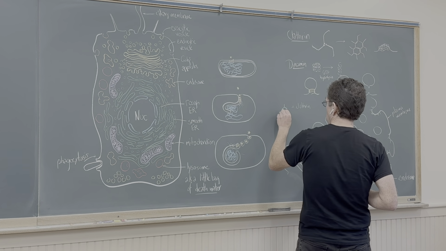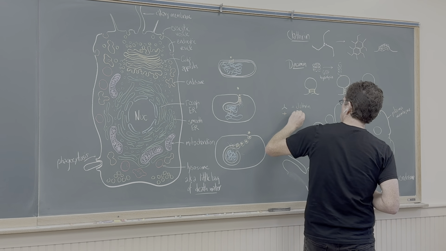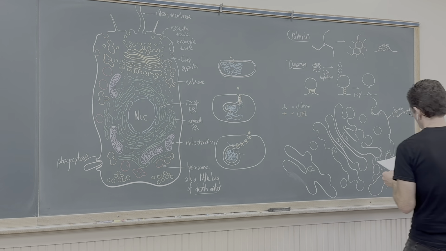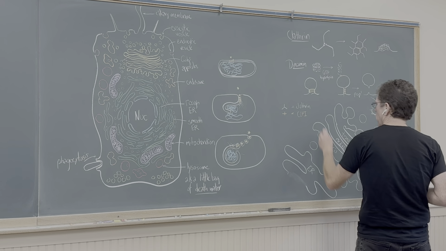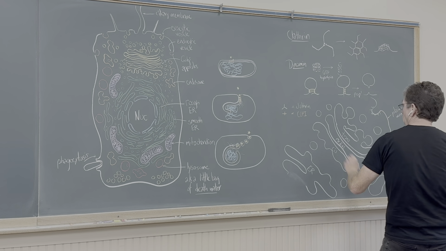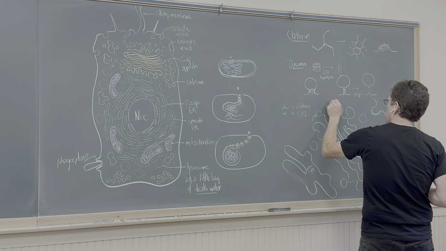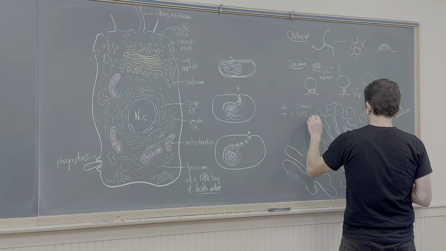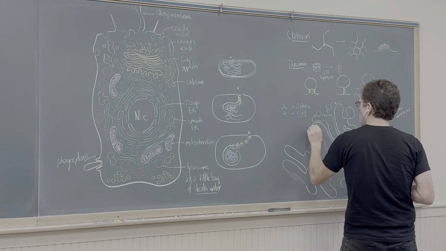Let's just make some other icon for the next coat, the so-called COP1 type coats. Conduct most of the transport within the Golgi apparatus. So traffic between Golgi stacks might involve coating by COP1.